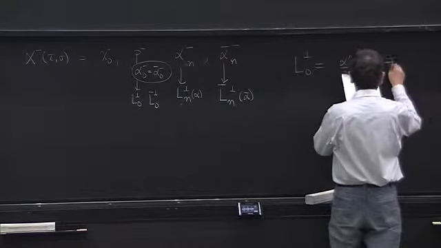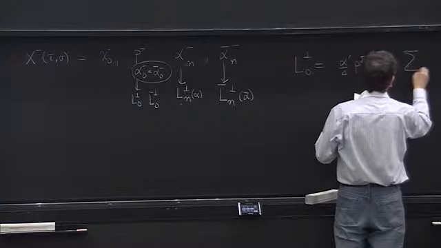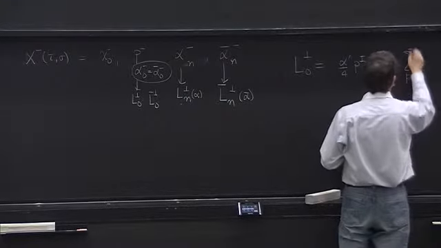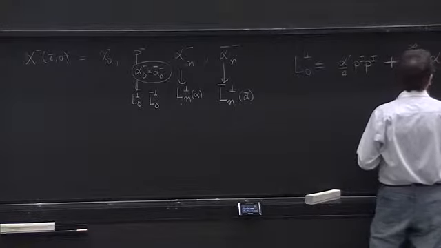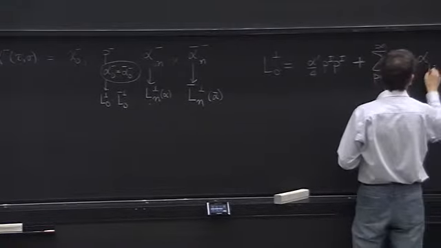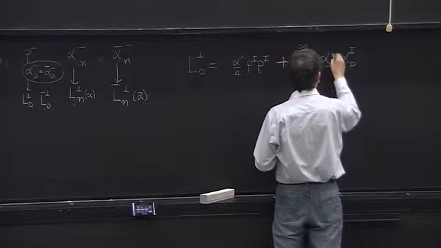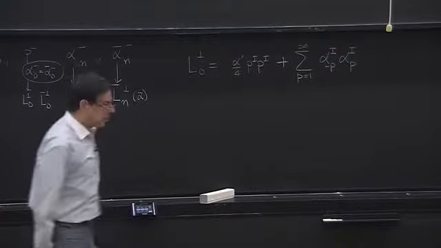But then we had plus this sum over p, say 1 to infinity, of alpha minus p, I, alpha p, I. That was L0 perp.